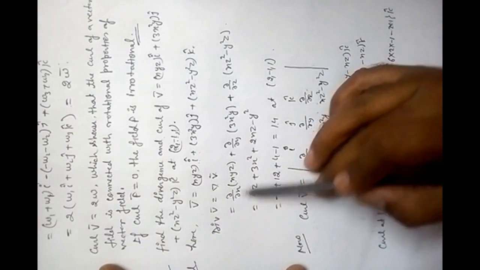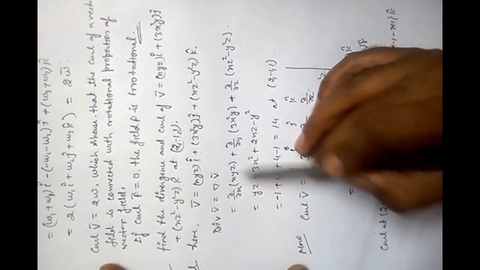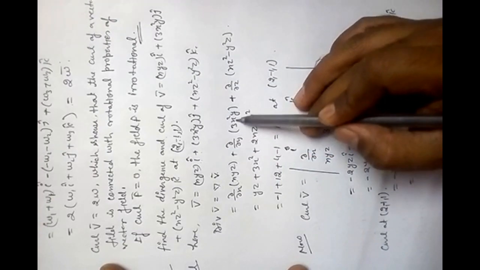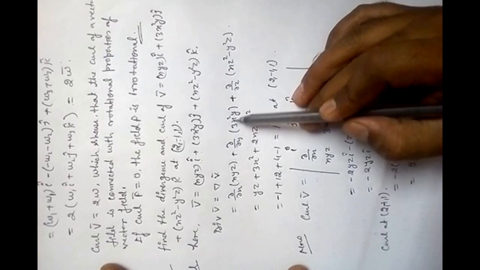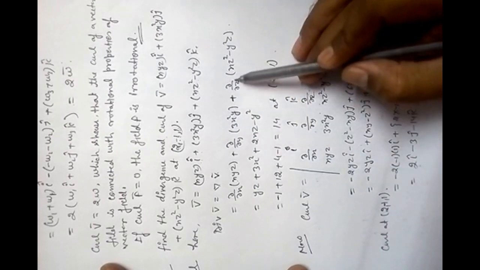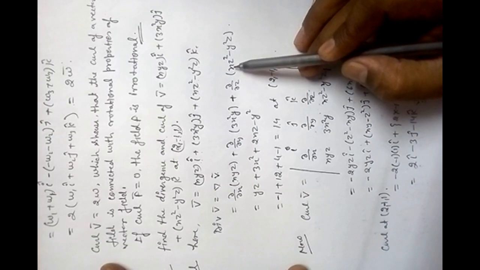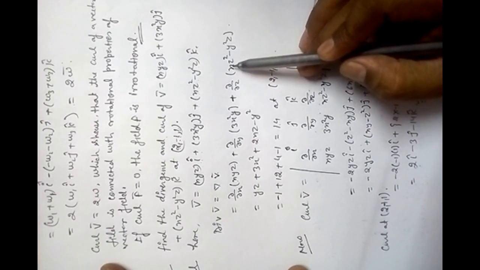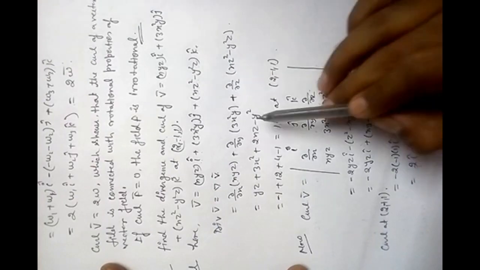Here we differentiate partially with respect to x, then we get yz. The value of x is 1. Here we differentiate with respect to y partially, then we get 3x square y, and here we differentiate with respect to z partially, then we get x 2z minus y square.